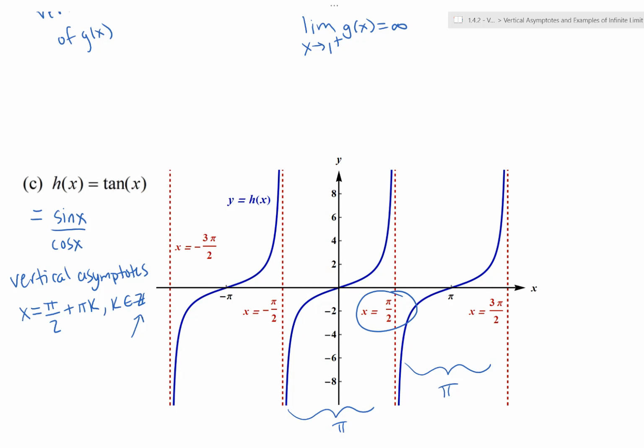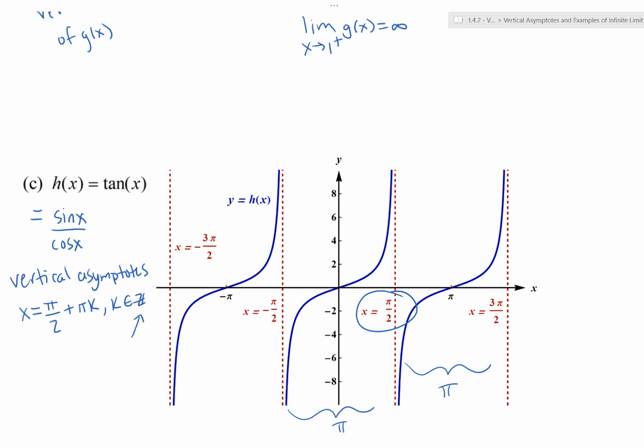And we could even go further and describe all infinitely many different behaviors of all these asymptotes if we needed to. But the point I'm trying to make here is that this function tangent of x has infinitely many situations for which we have vertical asymptotes, whereas the functions that we showed in prior examples happen to have 1 or 2 or whatever.